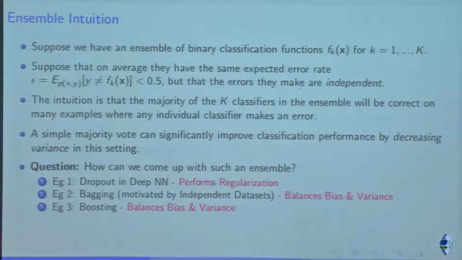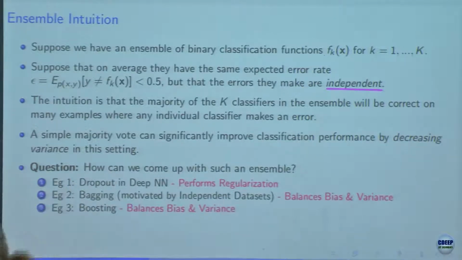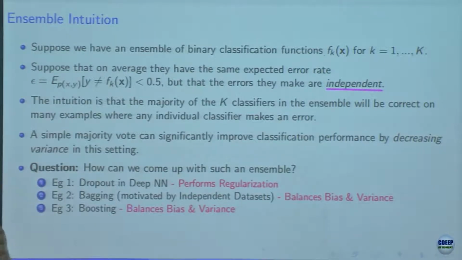Okay, so how do we come up with such an ensemble? As I said, we start with the ideal, but then we look at what's practical. Independence is what we are targeting, but also simple ideas like dropout in deep neural networks. Dropout is basically hinged on the idea of ensembling.